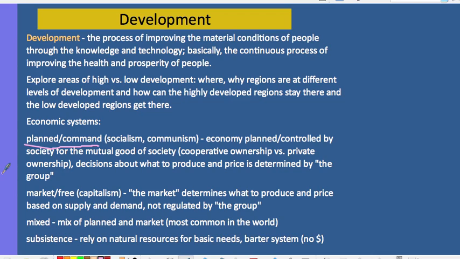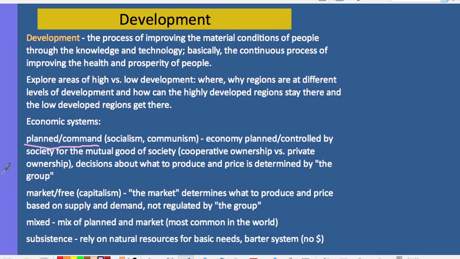If the supply is low and the demand is high, then often the price is going to be high because there's not quite enough, and people will compete to buy that and will be willing to pay a higher price. So those are essentially what those economic systems are.